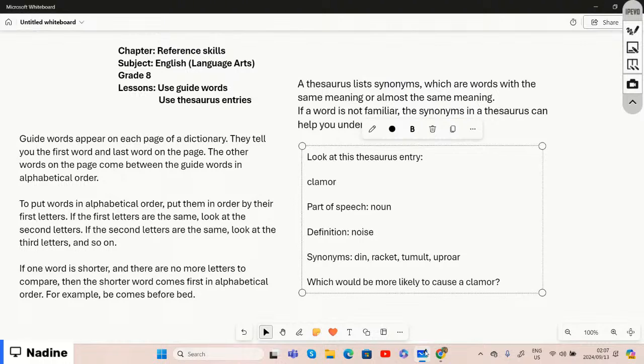And the lessons that we are going to be focusing on under the chapter of reference skills are to use guide words and to use thesaurus entries.